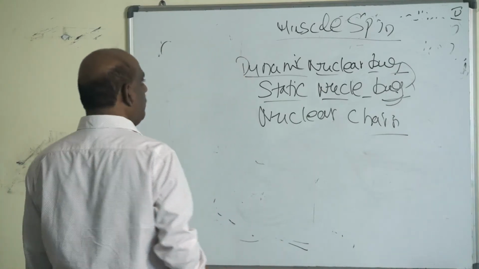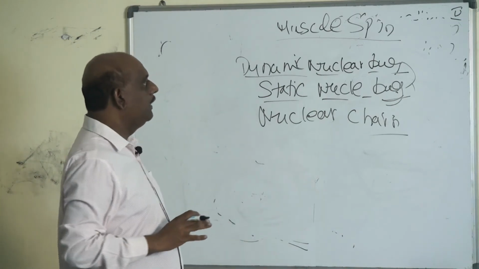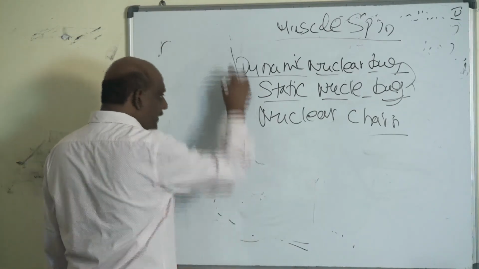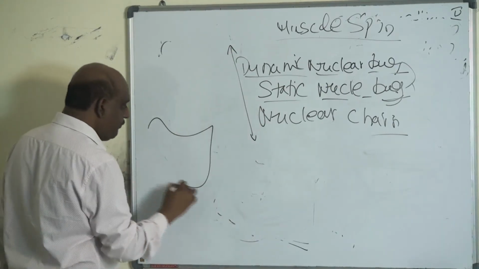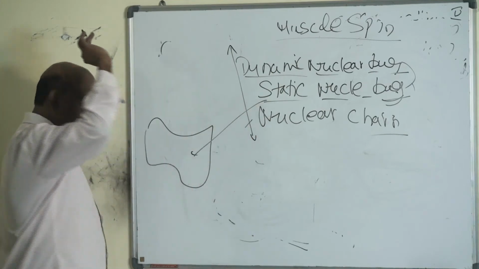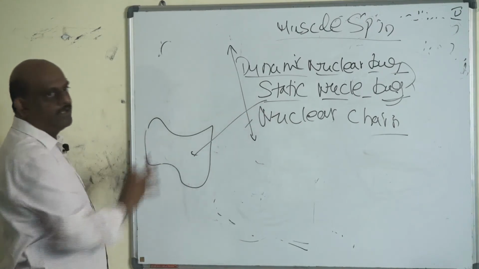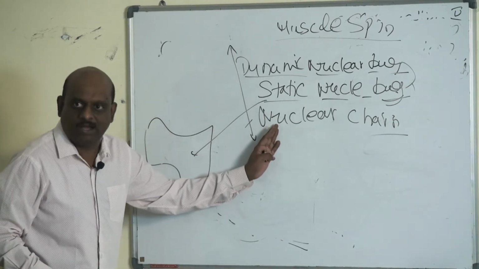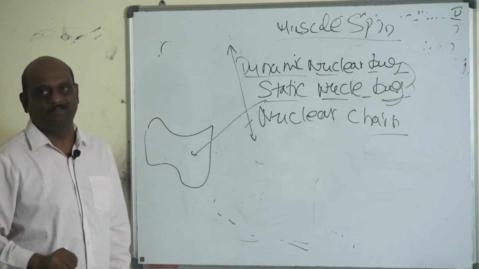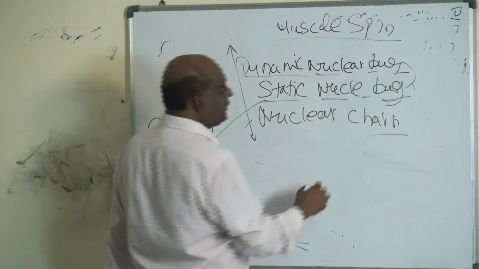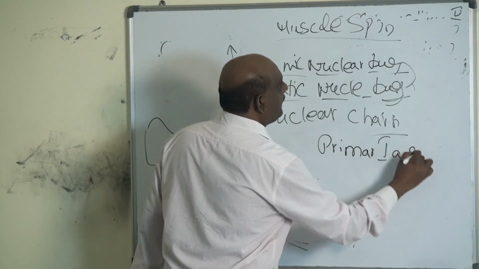Now, doctor, why this is important to be remembered about muscle spindle? Whenever these are sensing the stretch, the spinal cord is being informed that stretch is happening. So this stretch information coming to the spinal cord from these three sensors is transmitted by two types of afferents. One is called primary 1A afferent.